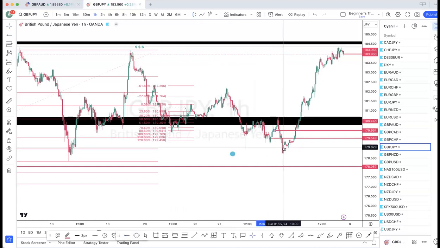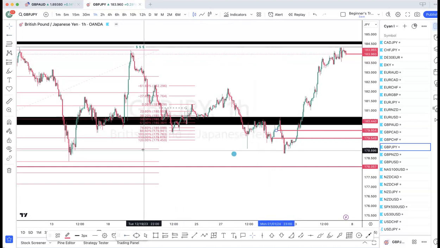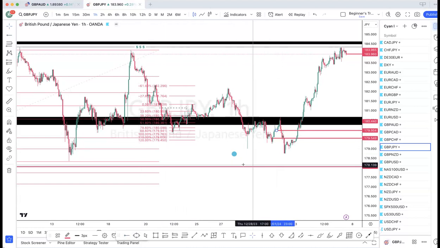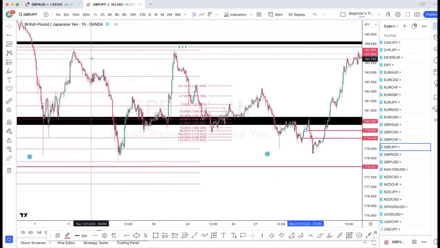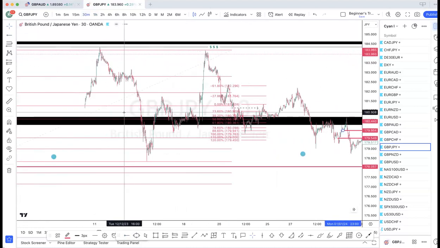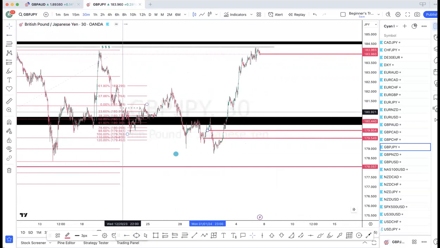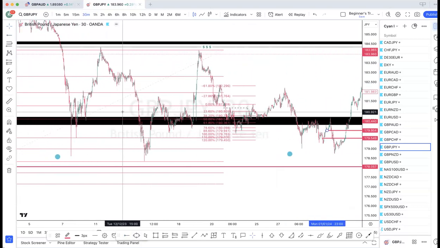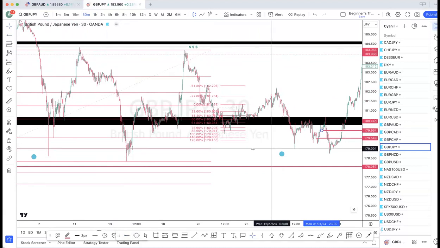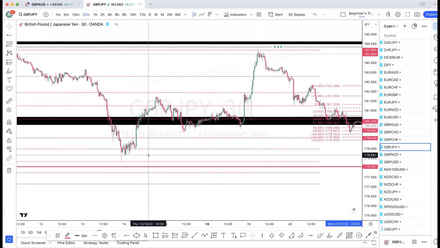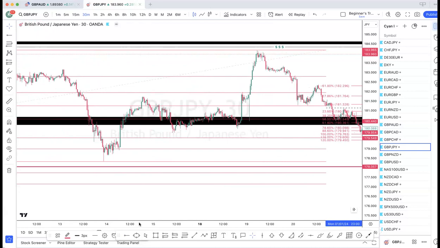It pulled back. It didn't pull back into maybe a lower time frame imbalance. Yeah, but I mean, you can clearly see it swept those lows right there. But I would have been looking for some kind of imbalance.